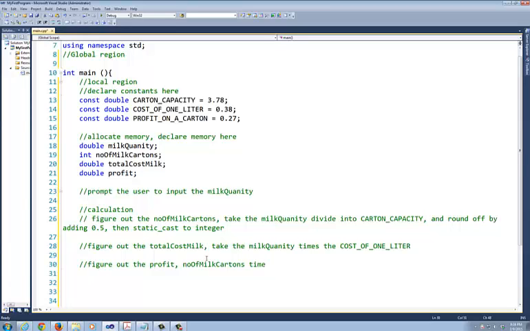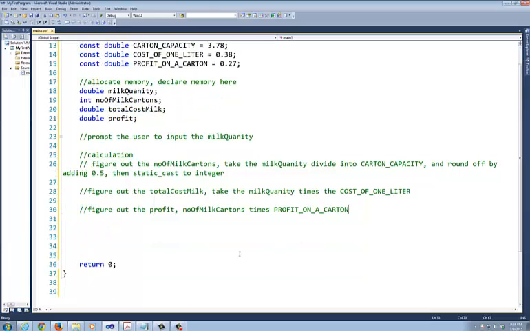You times the profit on the carton, which is this. Okay. So you figure that out. That's the general formula of all this.